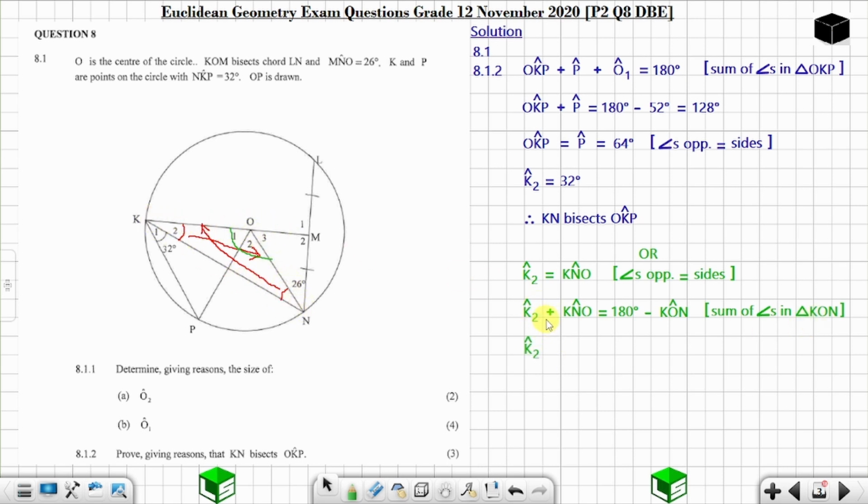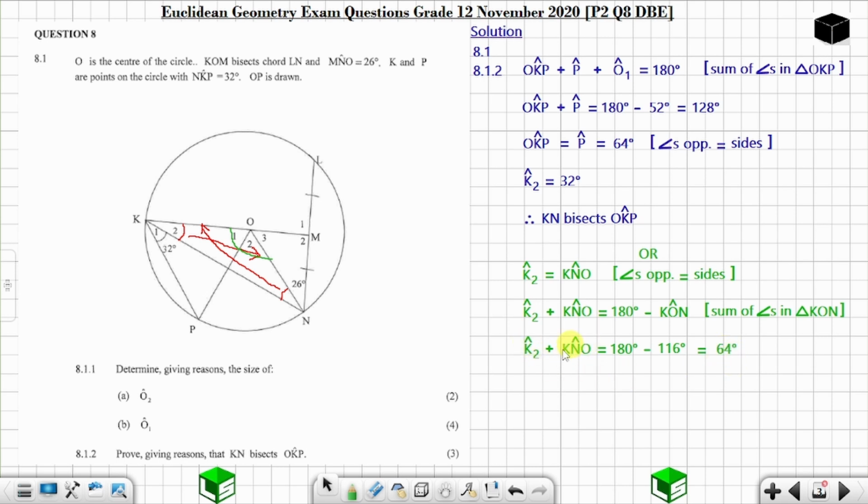So angle K2 plus angle KNO is equal to 180 minus 116, which is 64 degrees.